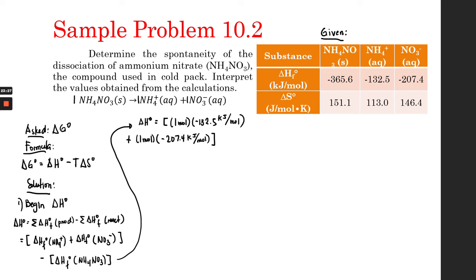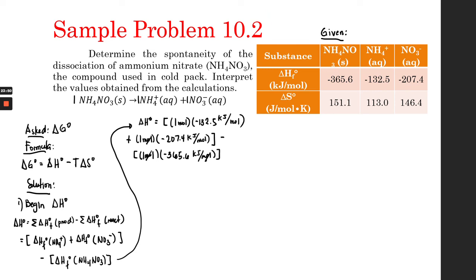And then you would have minus the product, which is, again, 1 mole of the product, and the delta H of formation of the product is negative 365.6 kilojoules per mole.